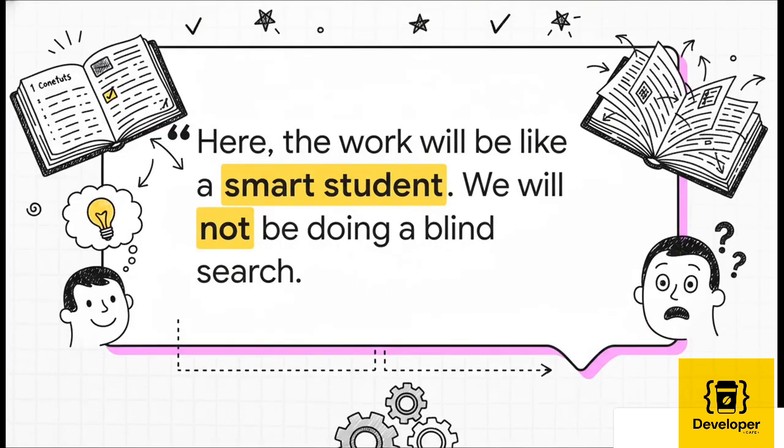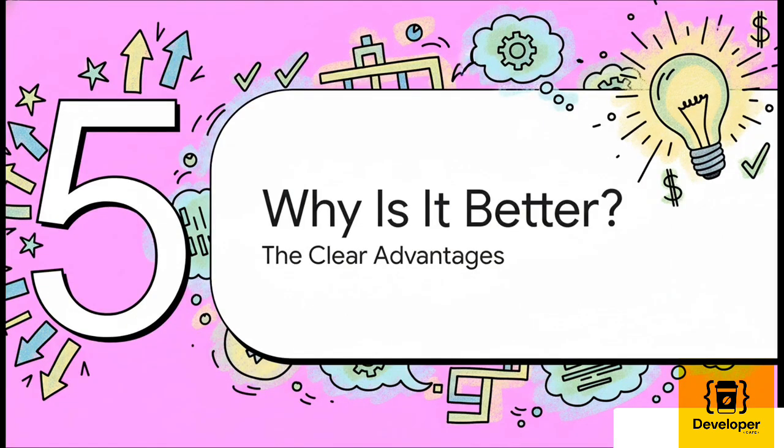You know, I love this analogy that the folks behind this idea used. They said it's the difference between a panicked student who just blindly flips through every single page of a textbook and the smart student who takes a breath, looks at the table of contents, and goes directly to the chapter they need. One is just brute force. The other is intelligence.